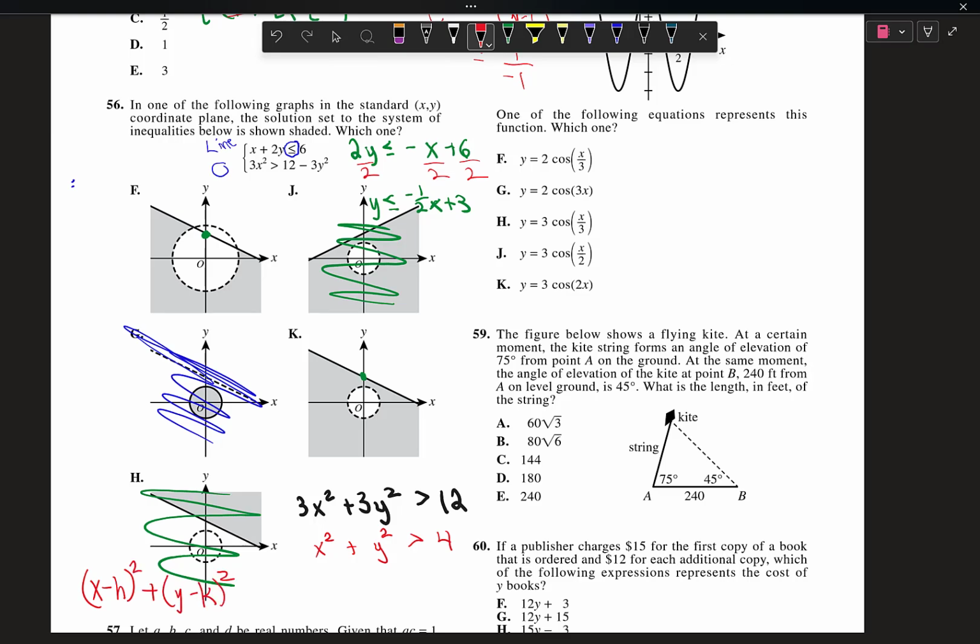And you'll notice there is no h or k in this problem, and that's why I knew this center was 0, 0. And this is the radius squared, so r squared is 4, so that means the radius is 2. So they're saying from the center of the circle to the perimeter of that circle is 2, which means it should not reach the y-intercept of +3, so K has to be the answer.